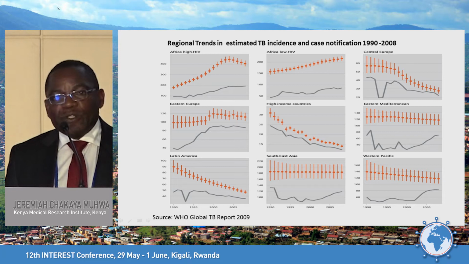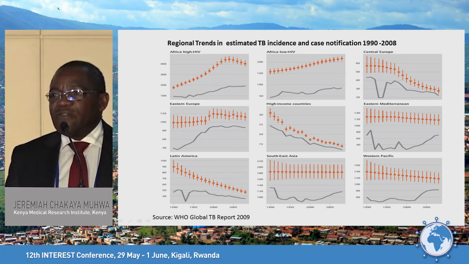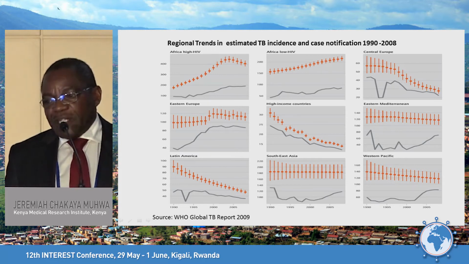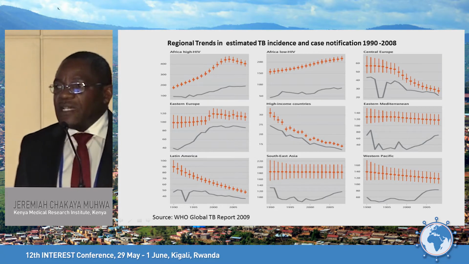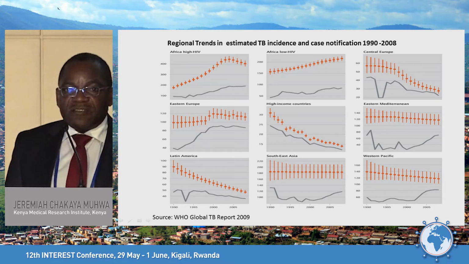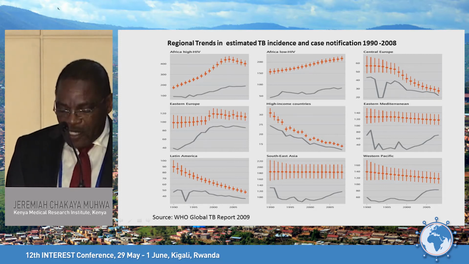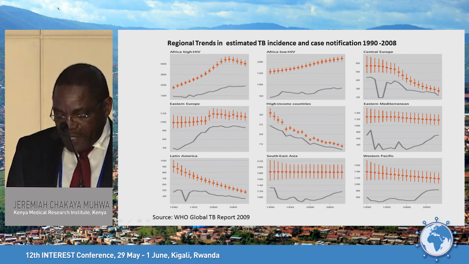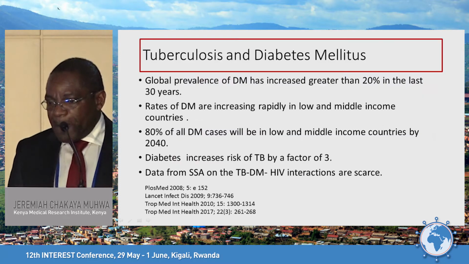But in the African continent, before the advent of ART, the rates of TB were growing exponentially. This was the report of the WHO in 2009 that really showed very dramatically what was happening to TB in the African continent, driven primarily by the HIV problem.